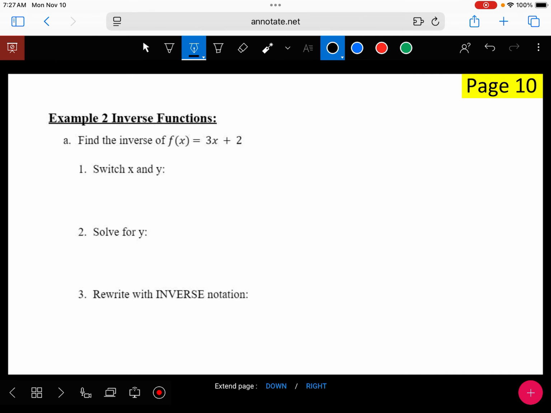Okay. All right, so now continuing on page 10, let's go ahead and find the inverse. So this is my equation. I'm going to find the equation for the inverse. So first of all, we know that f of x is the same thing as y. So this is really y equals 3x plus 2. That's what that f of x really represents. So the first thing we're going to do is switch our x and y.